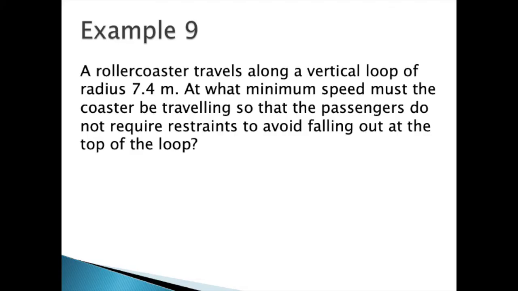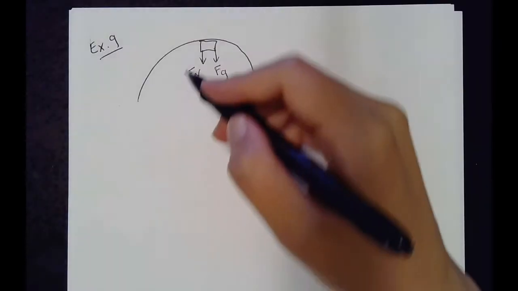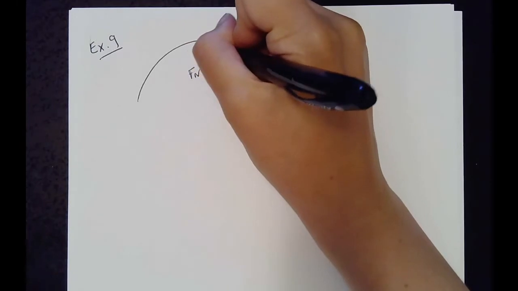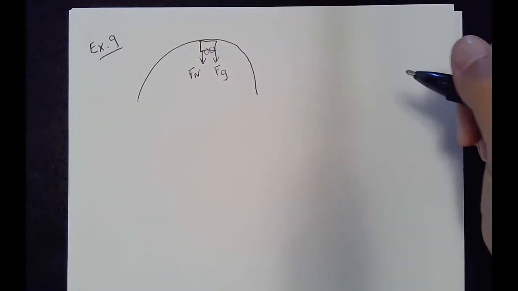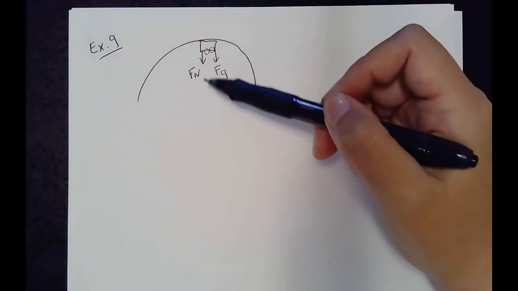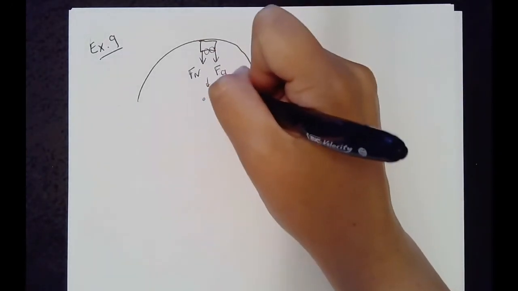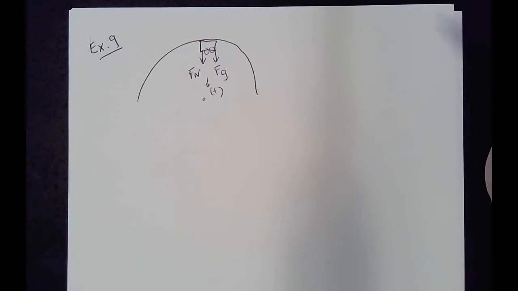Example 9. A roller coaster travels along a vertical loop of radius 7.4 meters. At what minimum speed must the coaster be traveling so that the passengers do not require restraints to avoid falling out at the top of the loop? All right, so let's look here. If the passengers are going on this loop, so they're upside down here, then the normal force would be coming out from the surface, so towards the center of the circle, which is the positive direction, in the same direction as Fg.